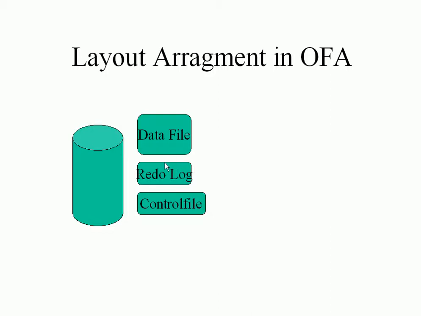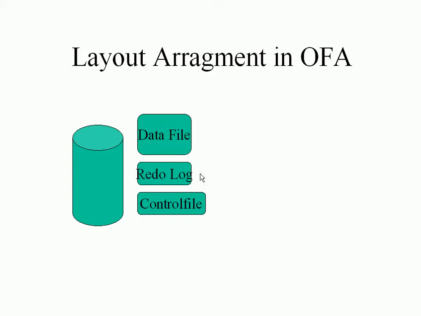And why is it done in this manner? Maybe the temporary files, the temporary table space file, would be in a different hard disk. The reason it is done like that is because when redo log is in a different hard disk, it improves the performance, because a hard disk having redo log would have a lot of contention, while data files would have a different set of contention, and the control file would be in 2 different hard disks.